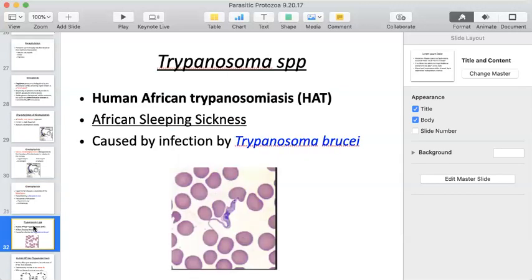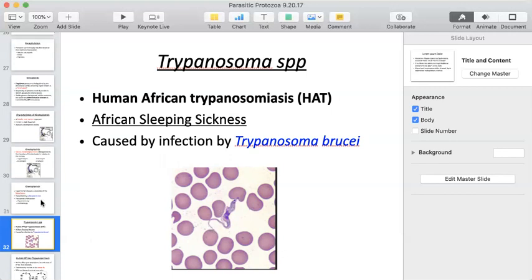Human African Trypanosomiasis, also referred to as sleeping sickness. You see this disease a lot in countries throughout Africa. It's caused by Trypanosoma brucei. You can see again we have this long, slender body arrangement with a single flagellum attached.